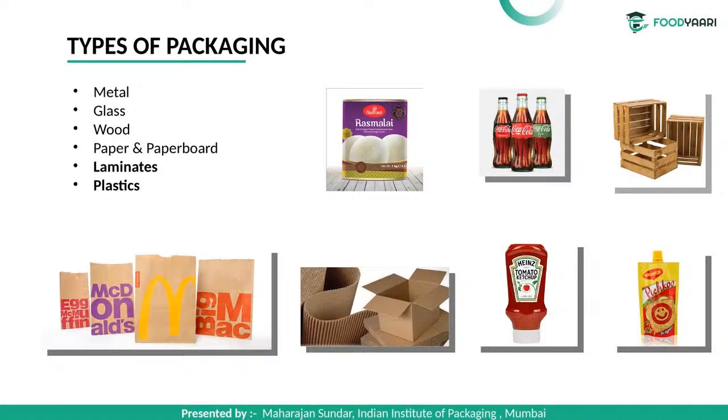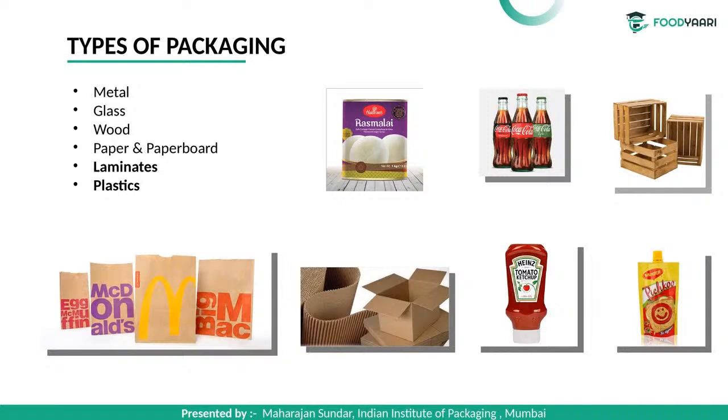Consider metal, glass, wood, paper and paperboard along with plastics and laminates. You compare everything with plastics and laminates. Metal, in proportion of weight, is heavy. For example, the Rasamalai tin, the three-piece can you are seeing in the image, weighs more than a plastic packaging material.